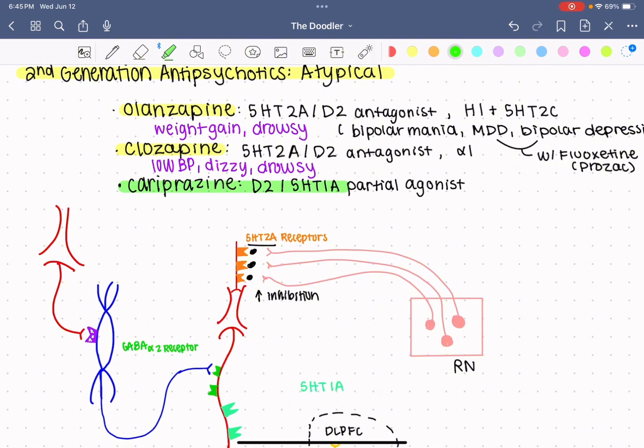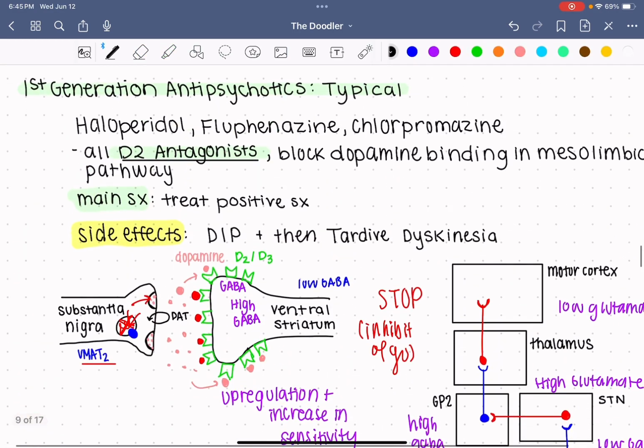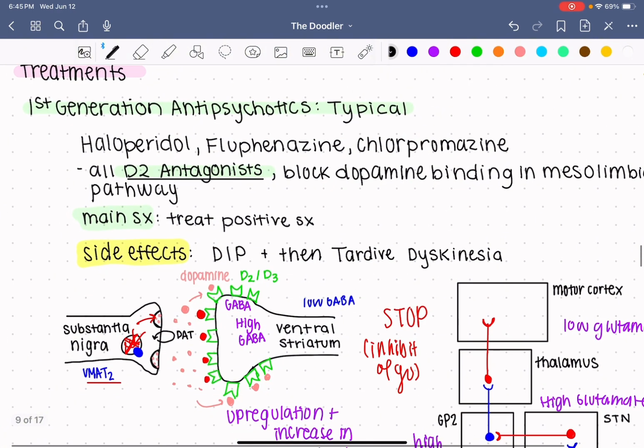Olanzapine and clonazepam are also really useful in getting rid of the breast milk production that can occur with typical antipsychotics, because they're antagonizing D2, and in my previous video I talked about how dopamine normally inhibits prolactin secretion, but if you inhibit dopamine from binding to its inhibitory receptors, then you're going to have the stimulation of prolactin that can cause breast milk production in both biological males and females.